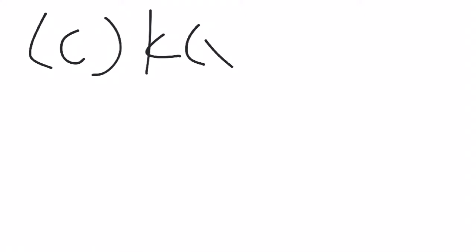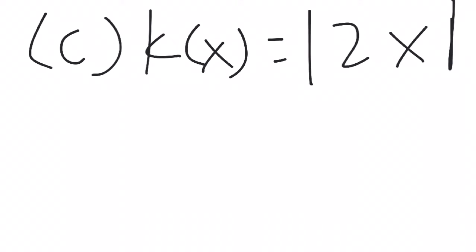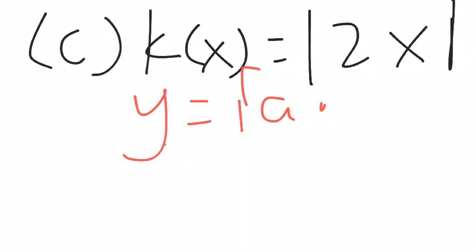k of x equals absolute value of 2x. Just so you know, this is going to illustrate what happens when you have some number inside the function, like if you're multiplying the input value.